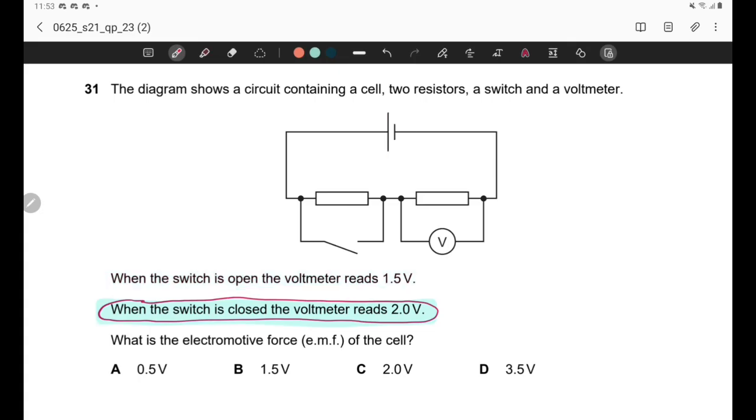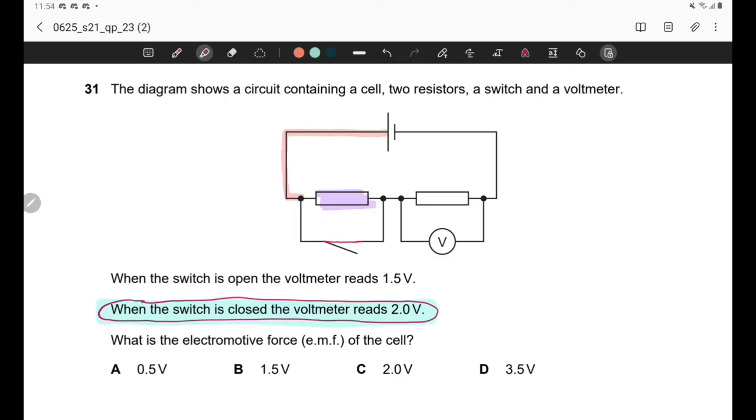As mentioned in point 2, when the switch is closed, the voltmeter reads 2 volt. That means when the switch is closed, we can see what will happen to the current. The current will flow from the positive terminal of the battery, as we know. When the current reaches the first junction, it has 2 paths. But in one path there is a resistance, and in the other path there is no resistance.